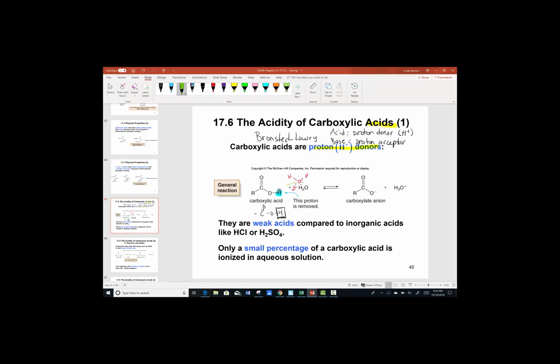The oxygen reaches out for that proton and takes it from the carboxylic acid. We form on the product side after the proton transfer, and let me just remind us that that's what acid-base chemistry is all about, a proton transfer from the acid to the base. And now look at what's happened.